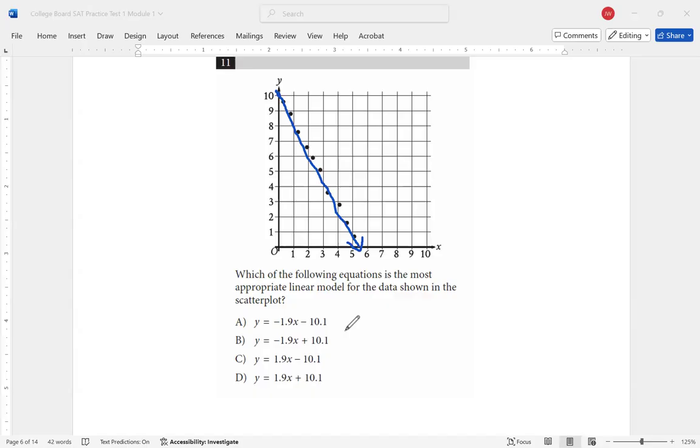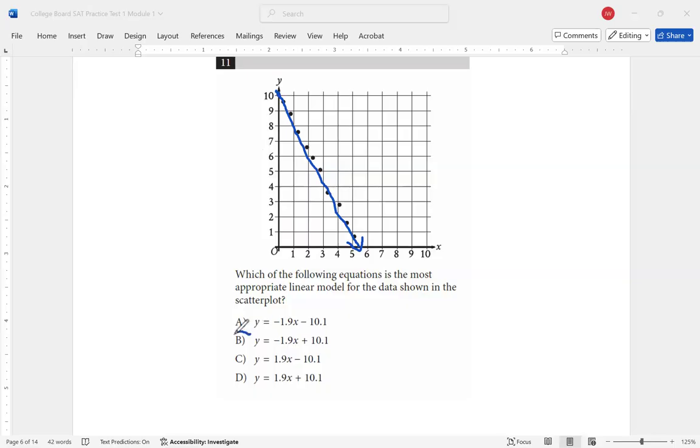So let's look at our options for lines. We have y equals negative 1.9x minus 10.1. A minus 10.1 would mean your y-intercept is at 0, negative 10.1. So that's way down below the graph. You can see that y equals negative 1.9x, that's a negative slope, plus 10.1, that's a y-intercept of positive 10.1.